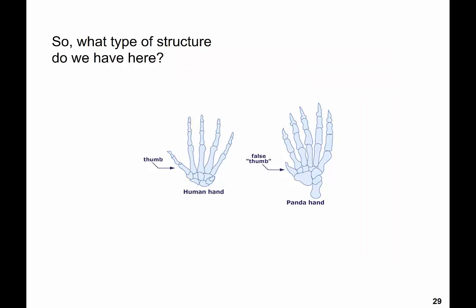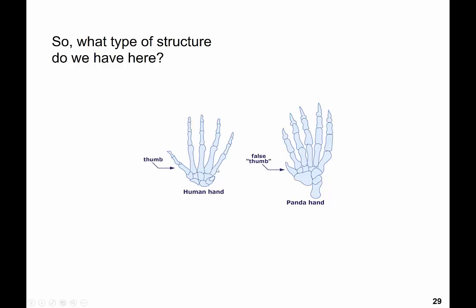So if we're comparing a human hand and a panda hand, we see that pandas have this false thumb. So we're trying to determine what kind of structure we have here whenever we're looking at relatedness between humans and pandas, and being able to draw some meaningful comparison here.